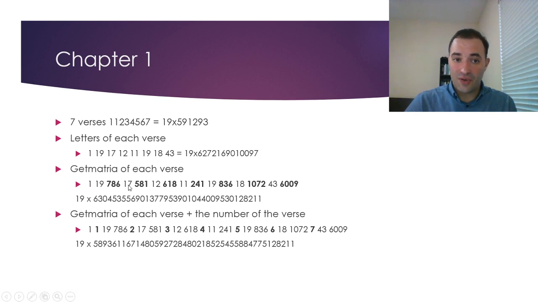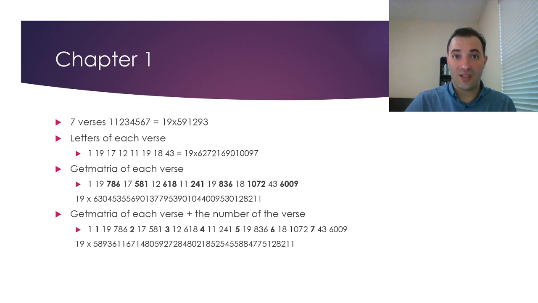Second verse, 17 letters. Third verse, fourth verse, fifth verse, sixth verse, and seventh verse. You see the total of gematria of these verses. This exact number can be divided precisely, without decimals, by 19.